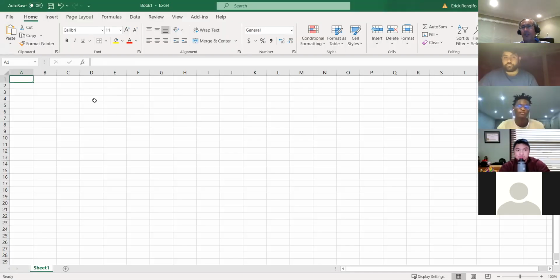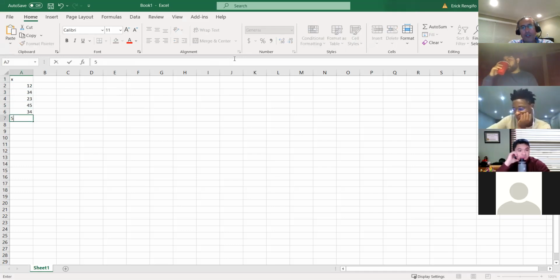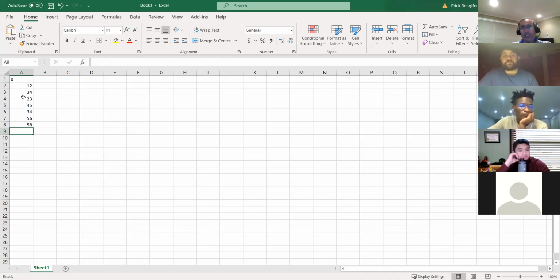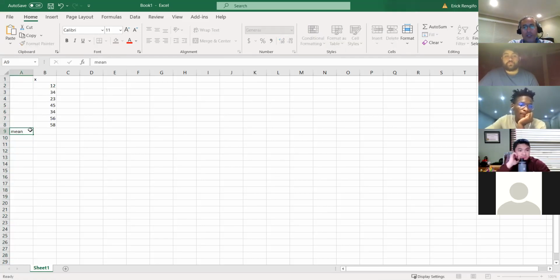Do you see my screen? You see my Excel? So let's create one variable X, anything. Okay, 12, 3, for example, anything. What I will do is compute the mean and the standard deviation.